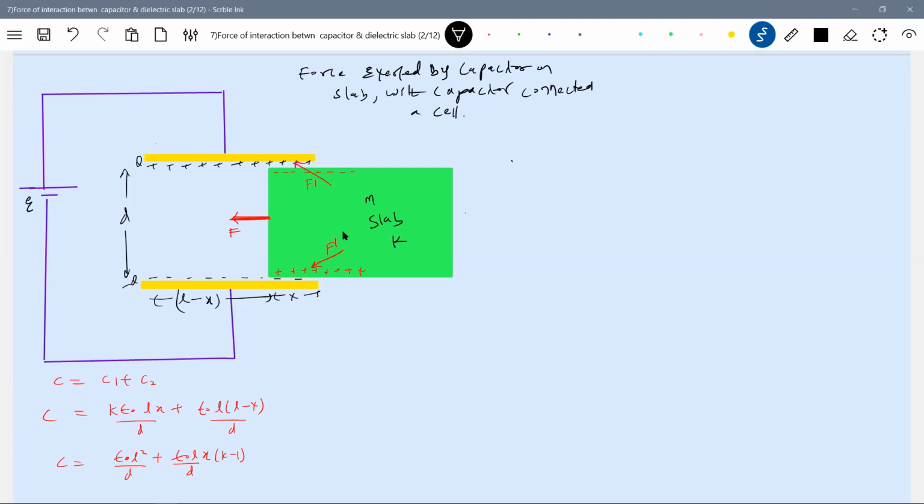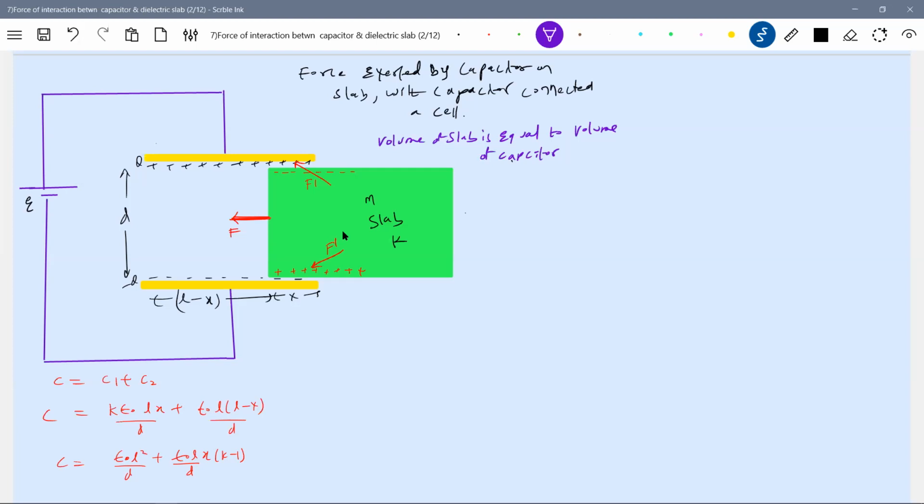Volume of slab is equal to volume of capacitor. The slab will exactly fill up the gap between the plates of the capacitor. That is the meaning of this. Length of the slab is also equal to L.